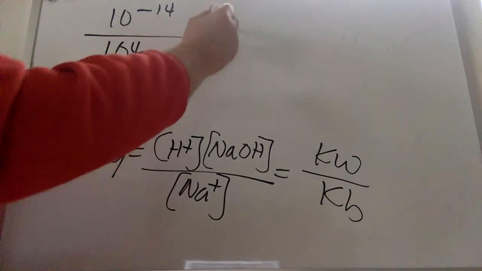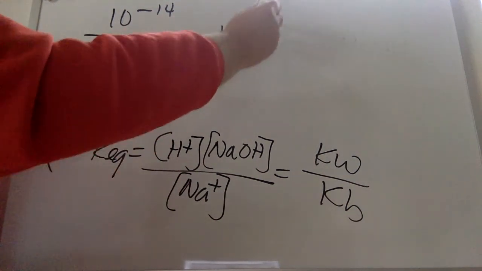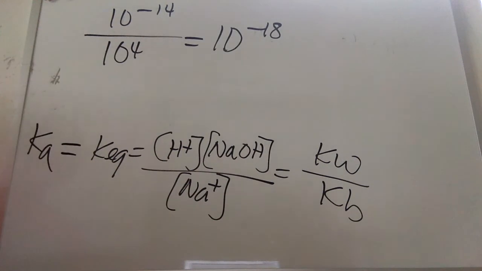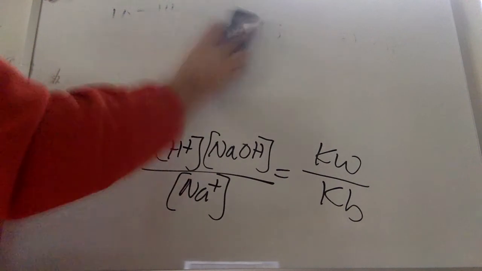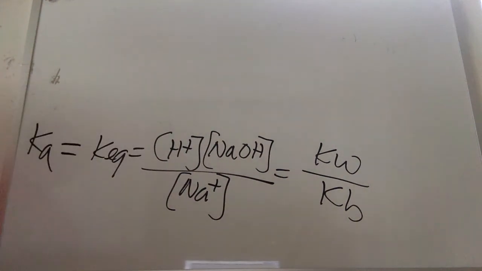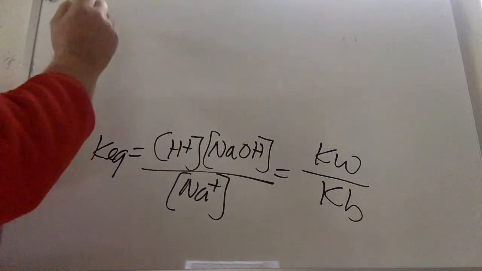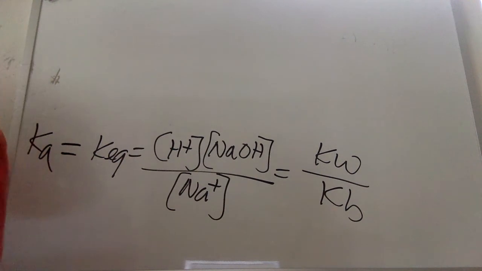That means my equilibrium constant for sodium ion acting as an acid is 10 to the minus 18, at 298 K. Let's check that out. Let's see if my Ka is related to what I just said, 10 to the minus 18.